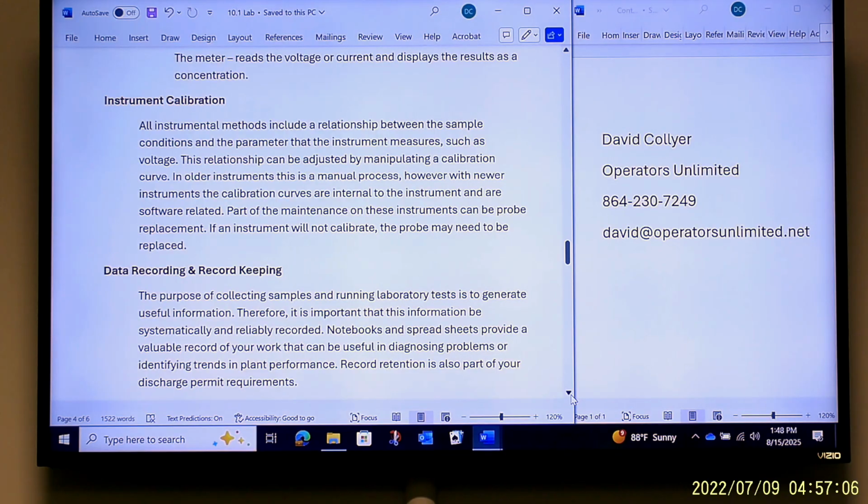In older instruments, this is a manual process. However, with newer instruments, the calibration curves are internal to the instrument and are software related. Part of the maintenance on these instruments can be probe replacement. If an instrument will not calibrate, the probe may need to be replaced.